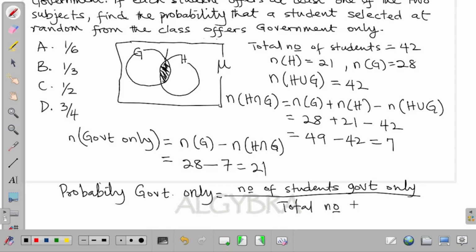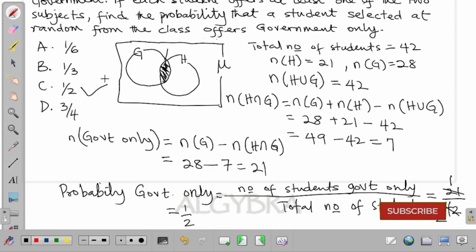That's how you calculate probability. The number of students offering government only is 21, and the number of students in the sample is 42. There is 21 in 21, that's once, and 21 in 42, that's twice. So the probability is equal to 1 over 2, and that is option C.